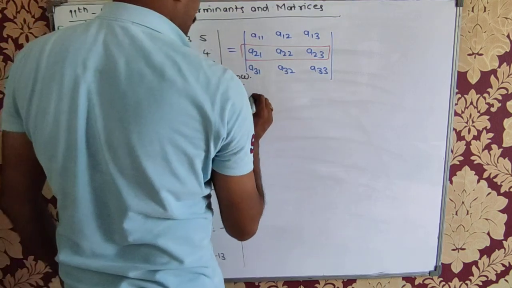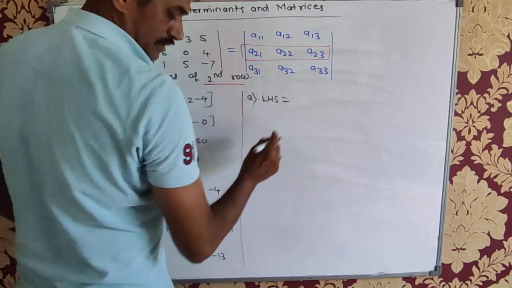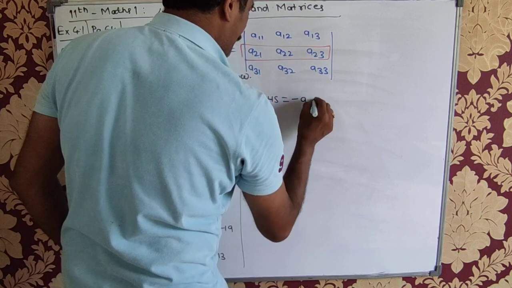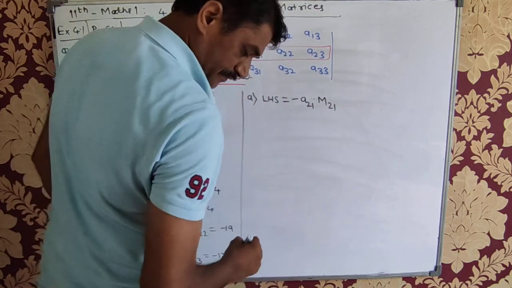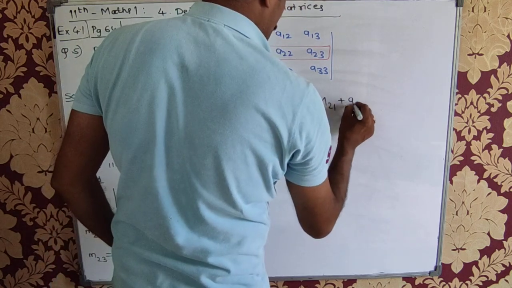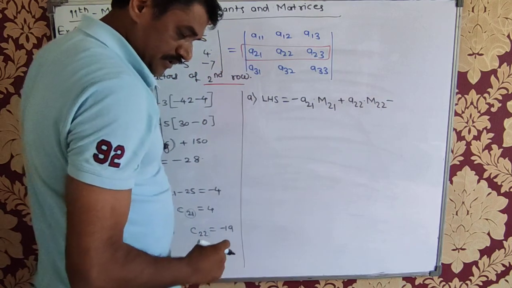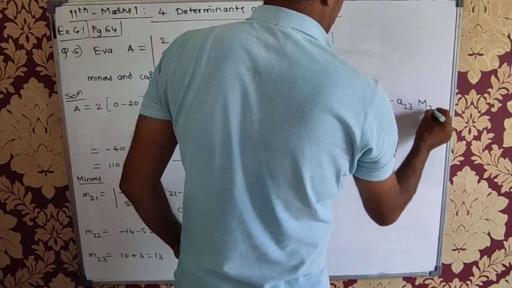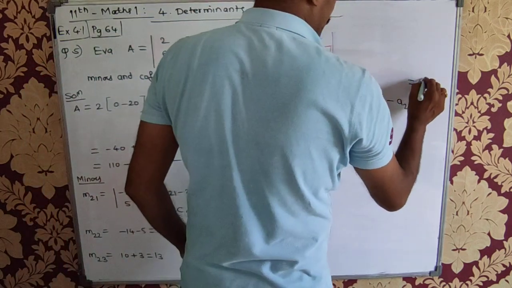They say in the first part, what is LHS saying? Minus A21 into M21 plus A22 into M22 minus A23 into M23 is equal to they are saying value of A. ऐसा बोल रहे हैं.